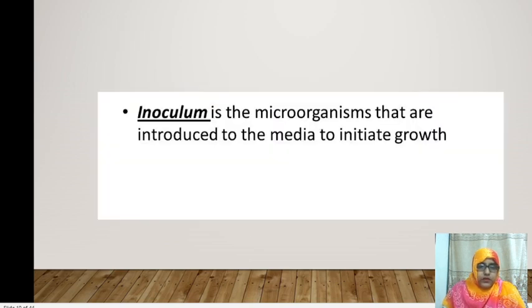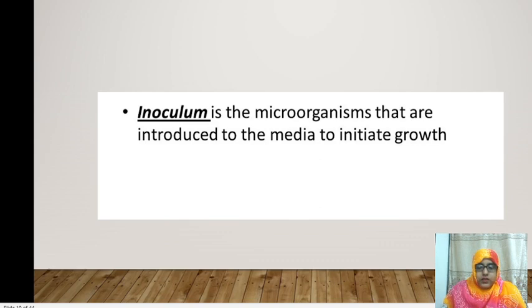Then what is inoculum? It is a microorganism that is introduced to the media to initiate the growth. We have studied different types of microorganisms. Take an example of Salmonella typhi, a typhoid bacteria.